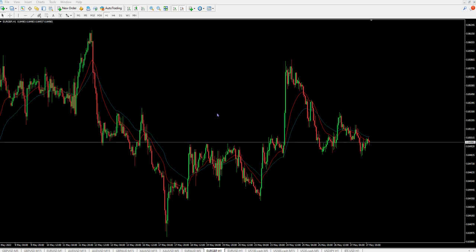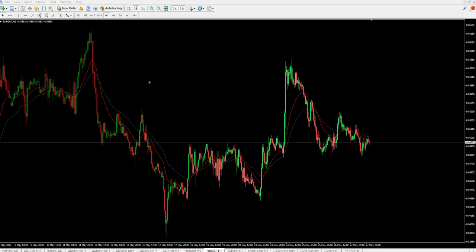So we're going to go over some examples here as far as a couple different ways to use them as extra confluence and confirmations for trades, and where we can see price going.